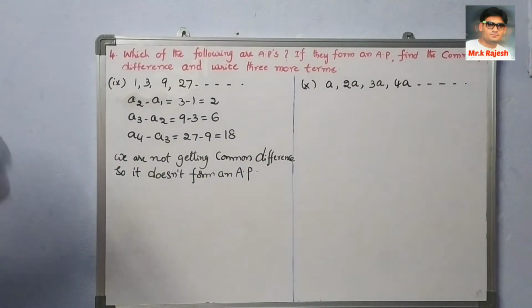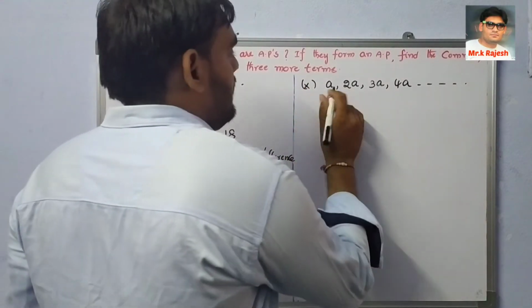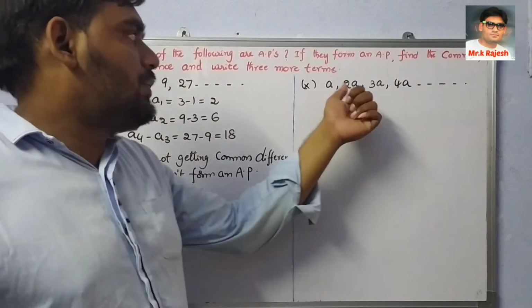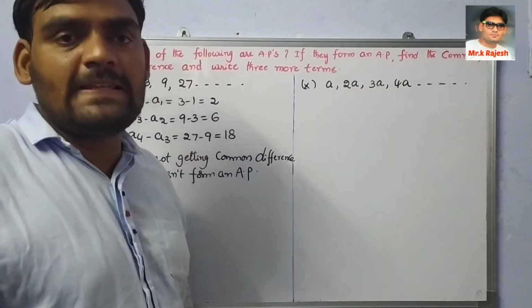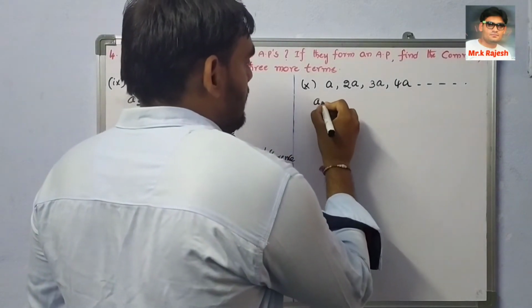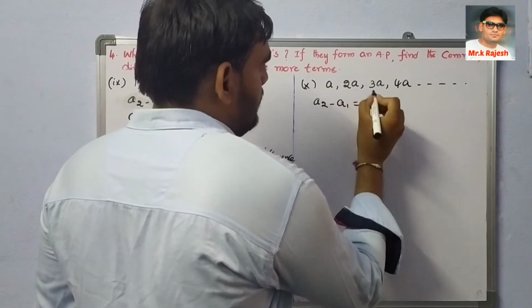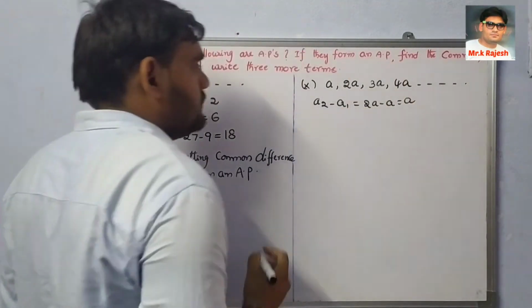Next, coming to the 10th problem. Here A1 is equal to a only, A2 is equal to 2a, A3 is equal to 3a, A4 is equal to 4a. Now we need to find the common difference. For that, A2 minus A1, that is 2a minus a, is equal to a.